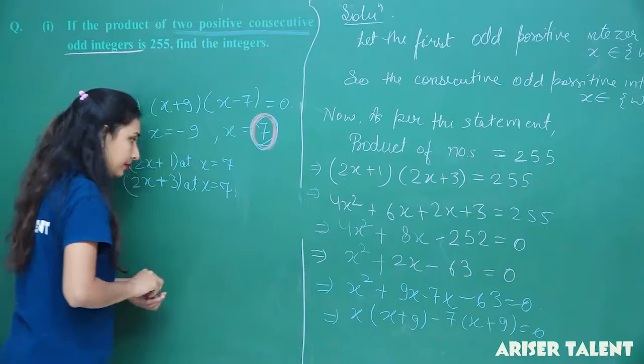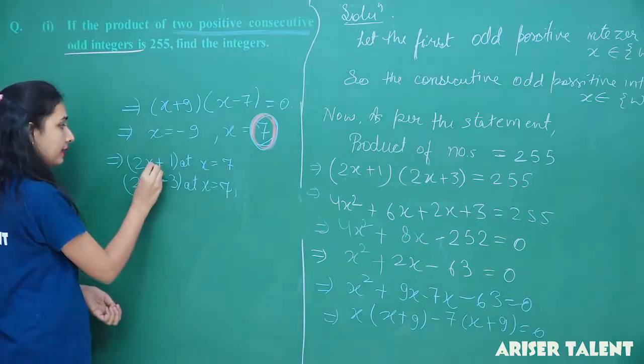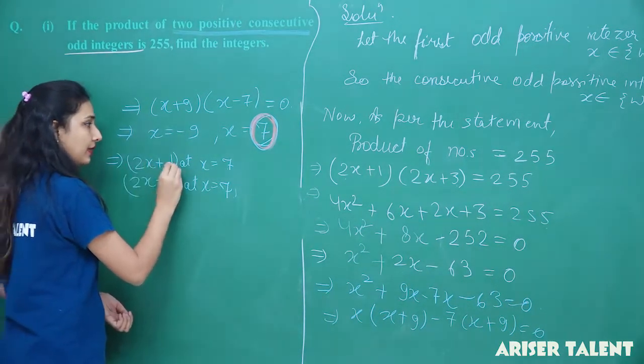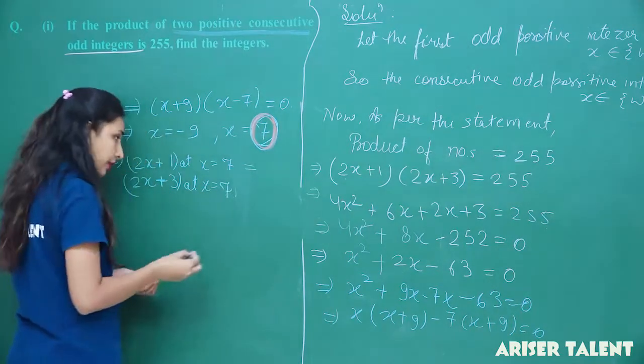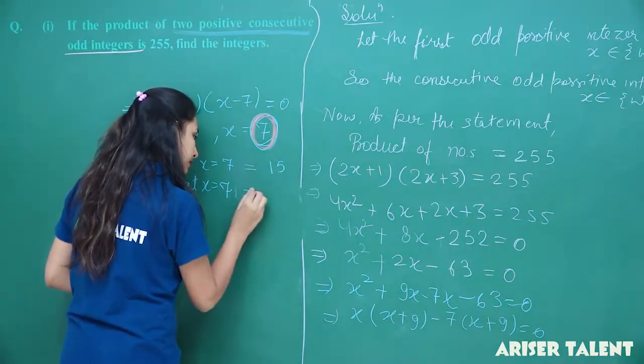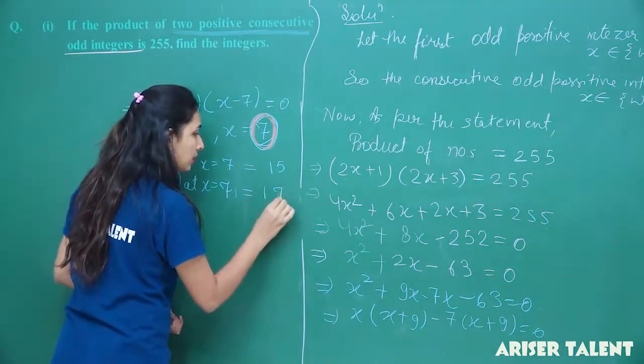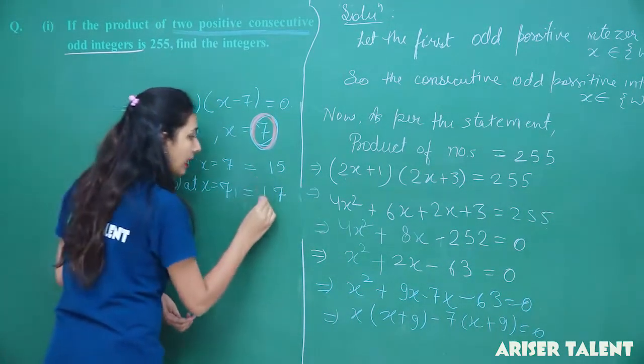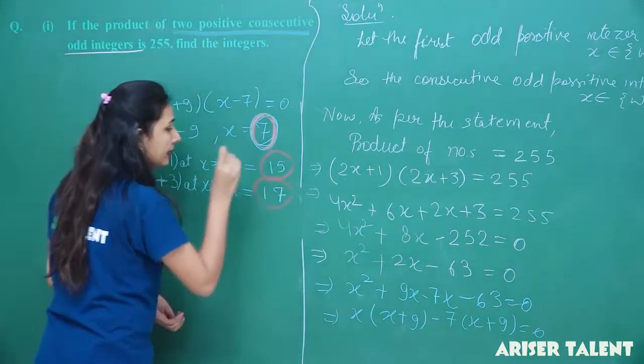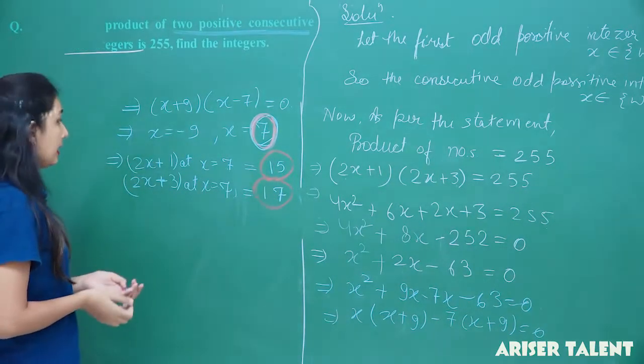So if I take this 7 here, 2 times 7 is 14, plus 1 is 15, and 14 plus 3 is 17. So students, 15 and 17 are the answers.